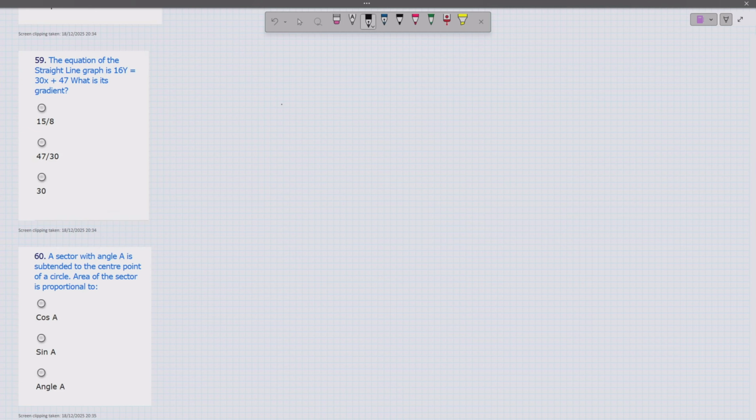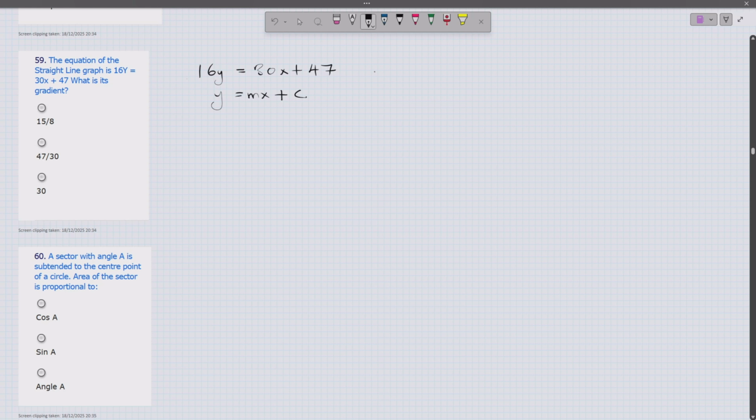The equation of the straight line graph is 16y equals 30x plus 47. The equation of a line is in the form of y equals mx plus c. So you divide through by 16, which will give you y equals 30 over 16 x plus 47 over 16.